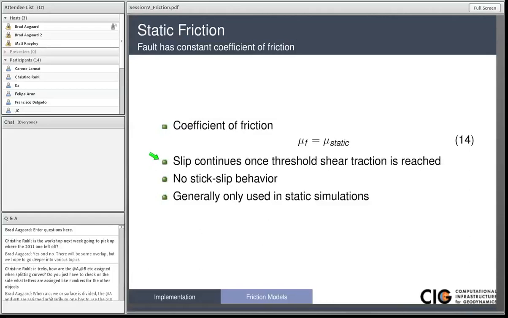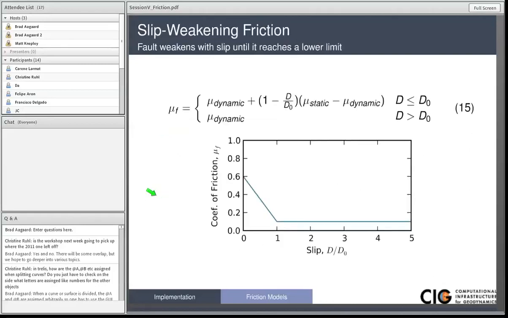You'd actually have to decrease your applied tractions through some sort of artificial means to get the fault to lock up again. Generally, it's only used in static simulations. So any time stepping is generally not done with a static coefficient of friction.